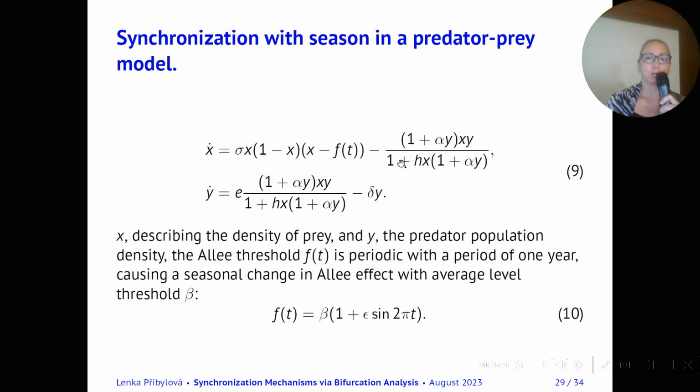And this is the so-called response function of the predator, so how they are feeding, etc. And we imagine that the Allee effect is influenced by seasons. So it's not only some level beta, but it also has some fluctuation epsilon.